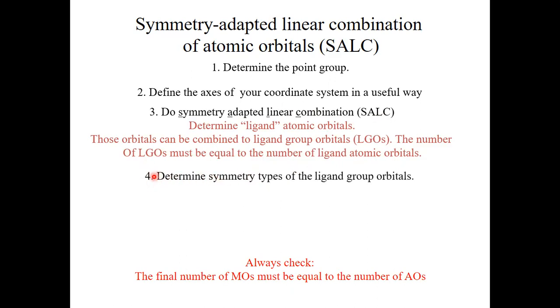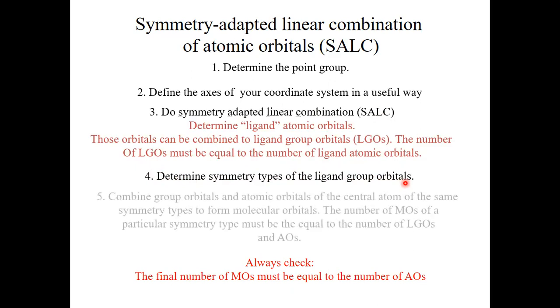Fourthly, you need to determine the symmetry types of these ligand group orbitals, and that requires two steps. You need to determine first the reducible representation of the ligand group orbitals, and then the irreducible representations associated with this, and we will see in a moment how this works.